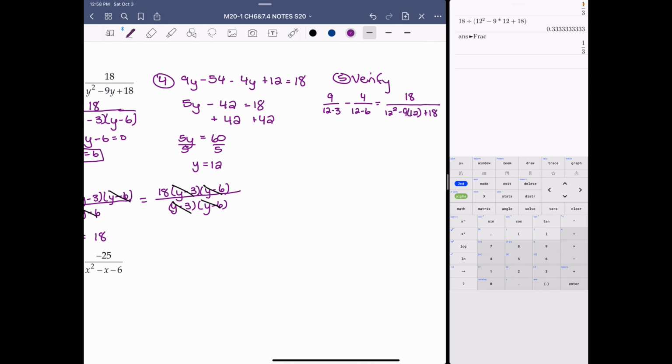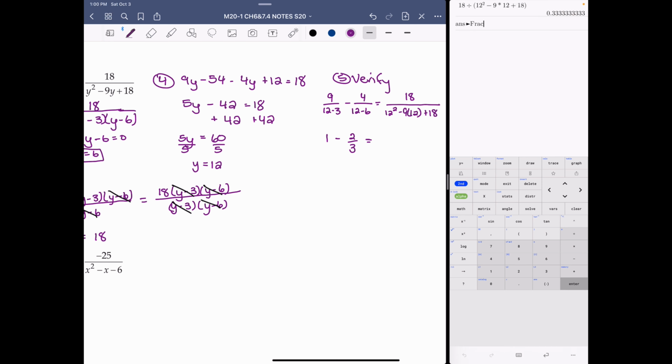9 over 12 minus 3 is 9, so 9 over 9 is 1, minus 4 over 12 minus 6 is 6. 4 over 6 reduces to 2 over 3, equals... I'm going to calculate the right-hand side, 18 divided by, bracket the denominator, 12 squared minus 9 times 12 plus 18, close the bracket, enter.